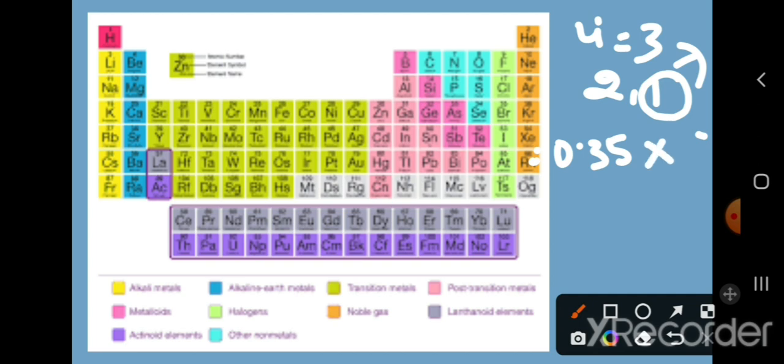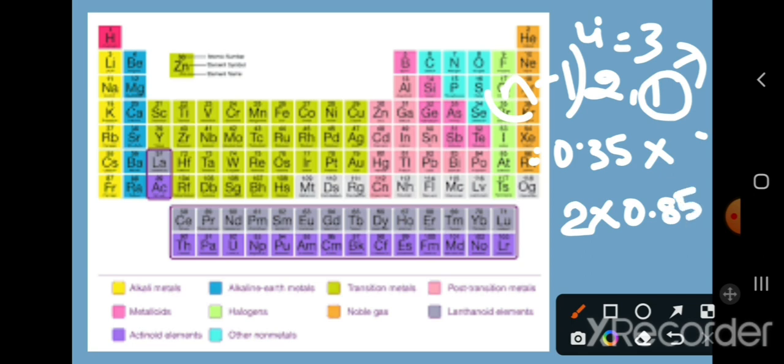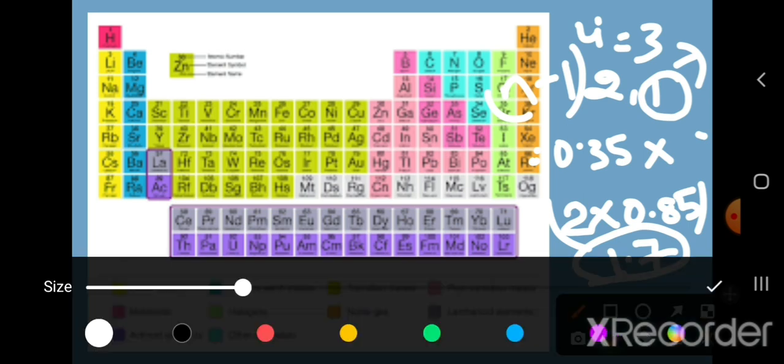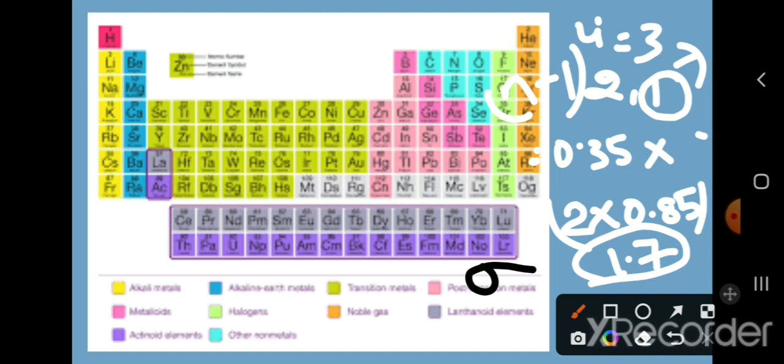So second shell n-1 value we will include, that is 2 into 0.85. So after calculating you will get the value approx 1.67, 1.7. So screening constant sigma value for lithium is 1.7. Easy peasy.